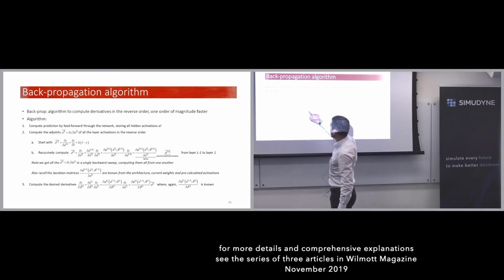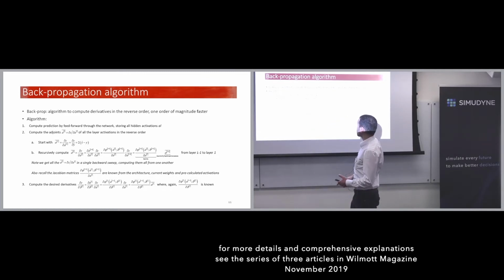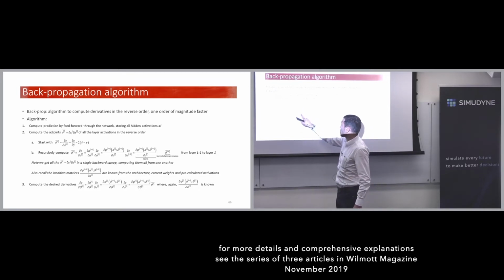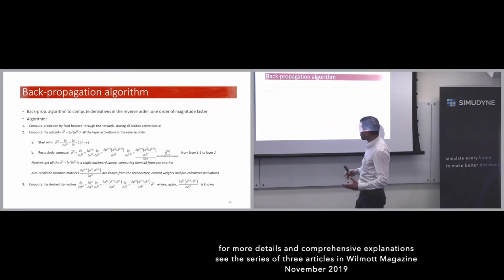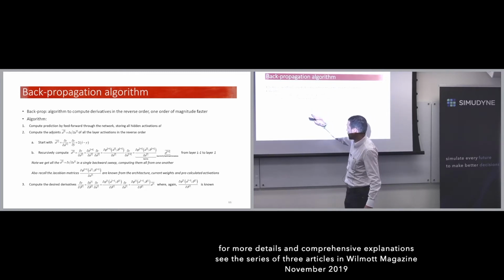Okay, there's a mistake here. It should be L plus 1. So if I know dC over dA(L+1), the chain rule gives me dC over dAL. The adjoint of AL, by definition dC over dAL, is dA(L+1) over dAL times dC over dA(L+1). That's by the chain rule. And again, there's an error here. And this guy, dA(L+1) over dAL, that's the Jacobian of the vector-to-vector function applied to AL to find A(L+1).